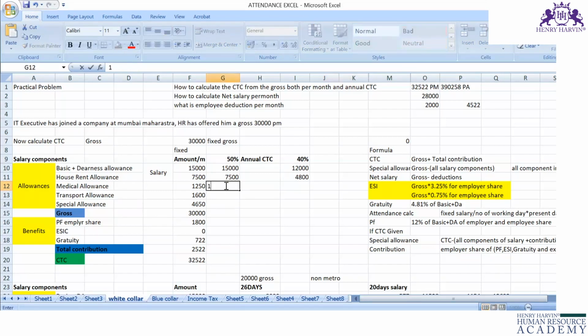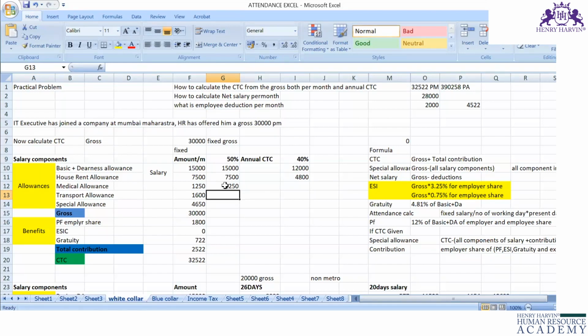Understood? So 1,250. If the employer is giving medical allowances as a component, you can blindly put the amount as 1,250, because up to 1,250 per month the government has given the tax exemption.